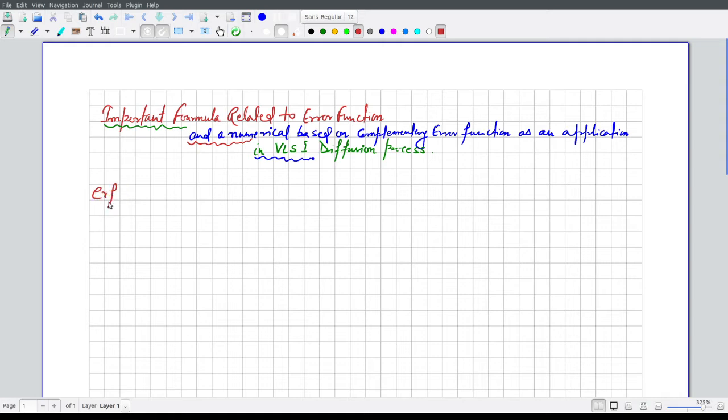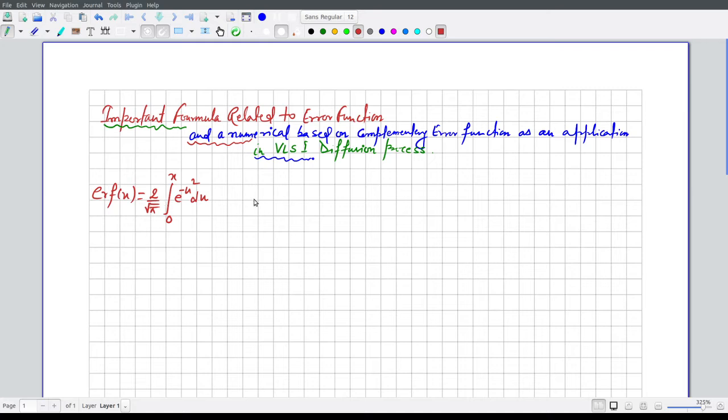Erf x is nothing but simply 2 by root pi, integral 0 to x. Those who are new can go to my earlier video lecture. So this is the simple error function.